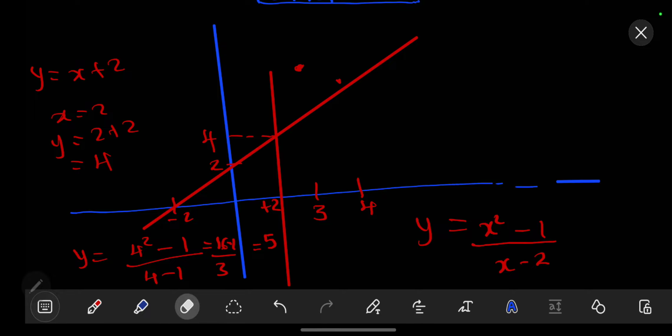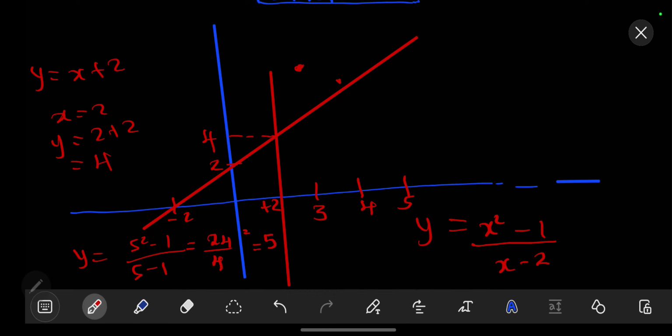So now, what is the behavior as I continue? Let's say I put a 5 there. We have 5 squared minus 1 over 5 minus 1, which will be equal to 25 minus 1, which is 24 over 4, which is 24 divided by 4.